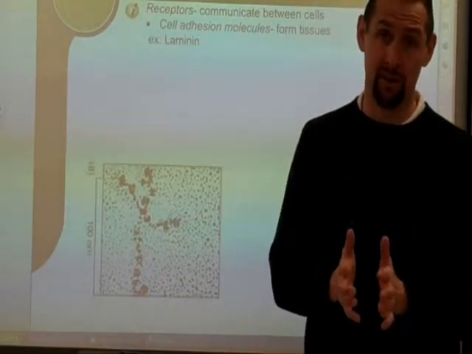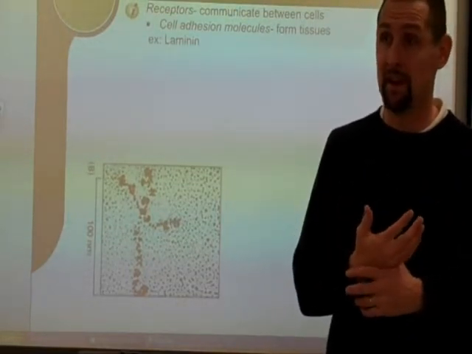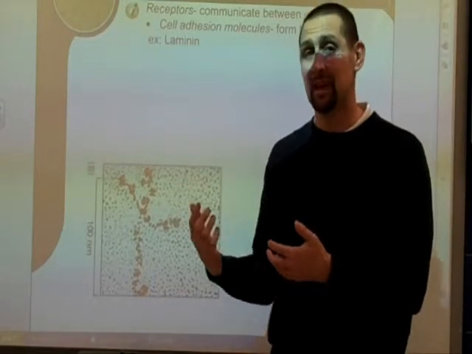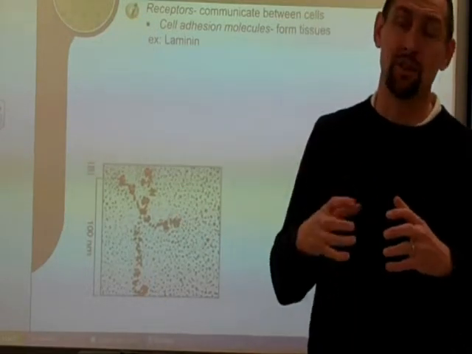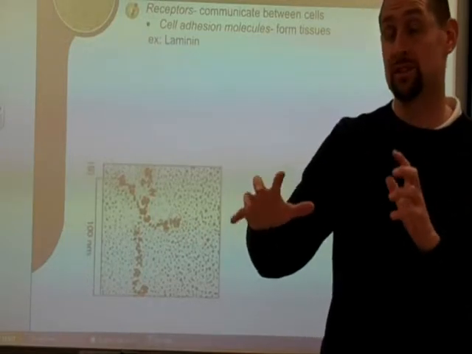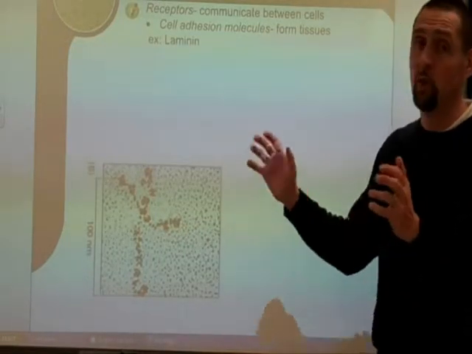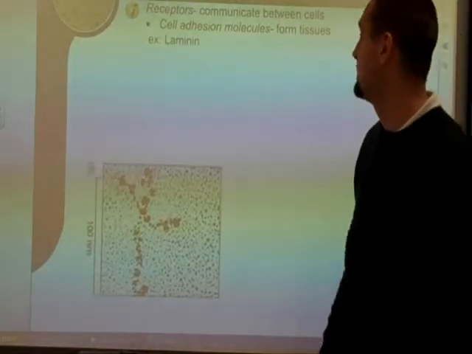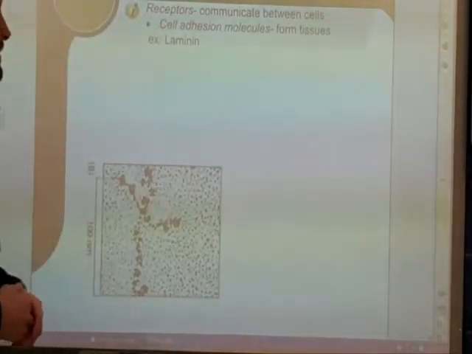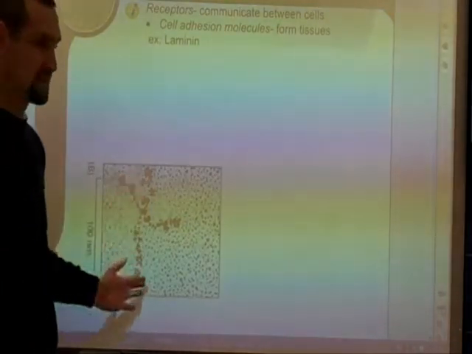You add some rebar in there, some metal beams in there, and that concrete will become really strong. Cells are similar. Cells that recognize each other will form these bonds so that they become a tissue. The thing that's holding those cells together is a protein called laminin, one of the cell adhesion molecules. That helps form tissue, and this is what it looks like.